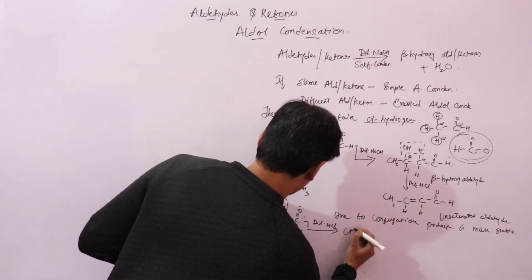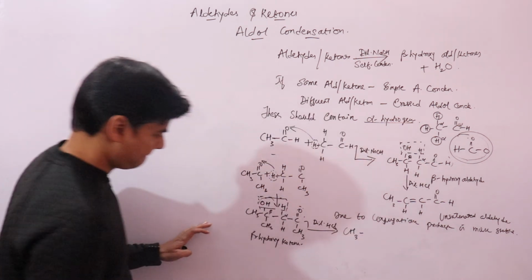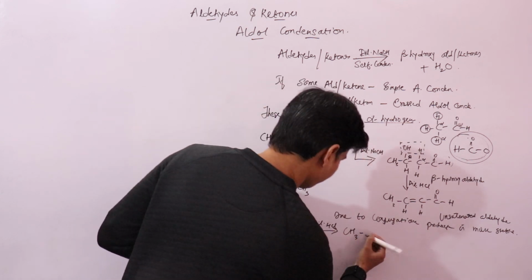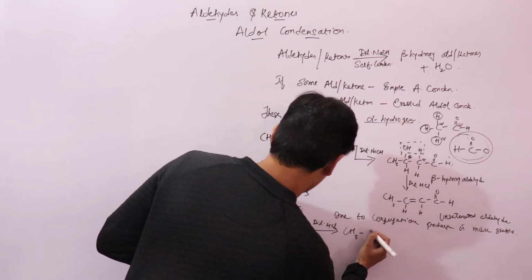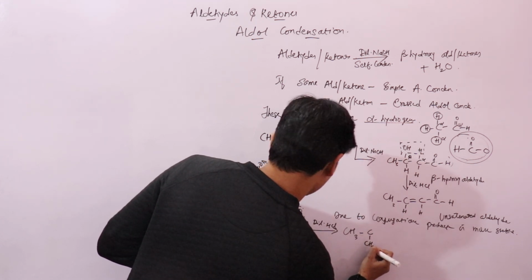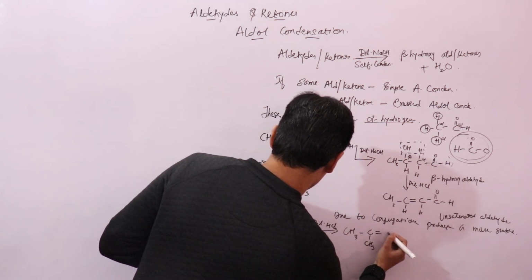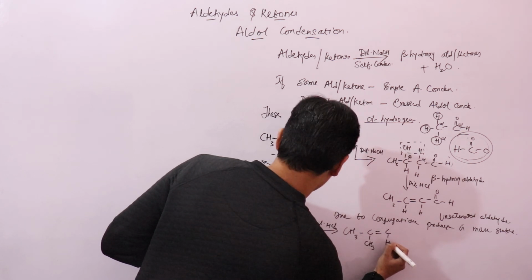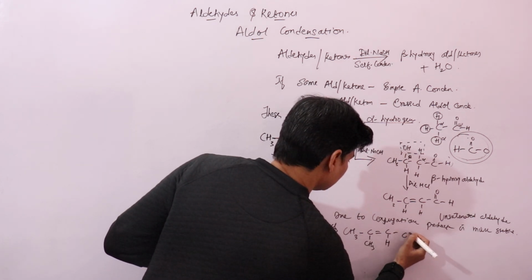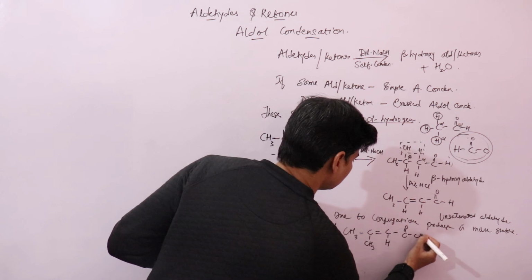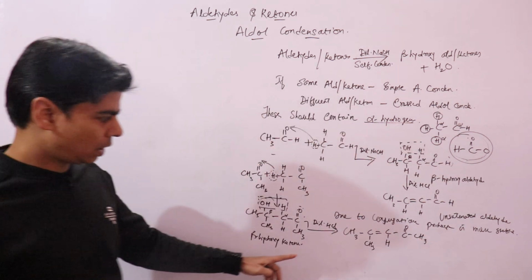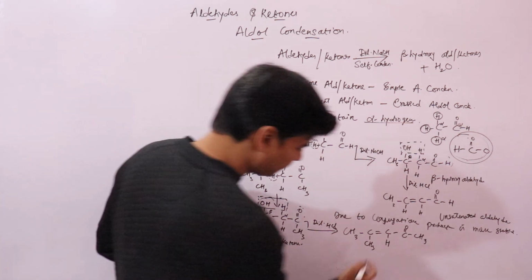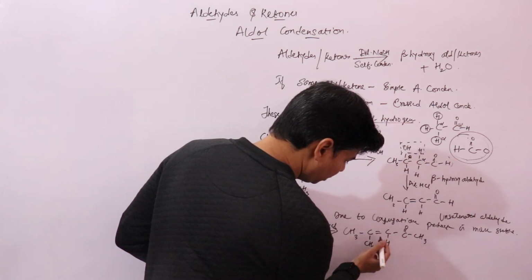It will form CH3, double bond, CH. This is the product, and this is your unsaturated ketone.